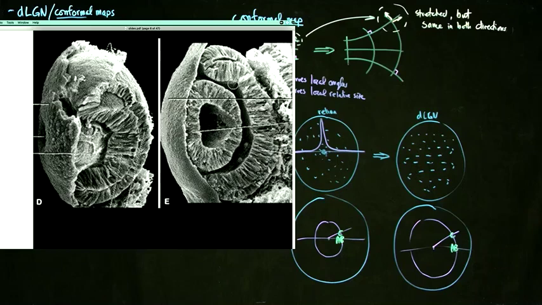So this guy is the retina right here. The retina goes like this, and then down to about there, and then like that. Behind it, it goes around like that.